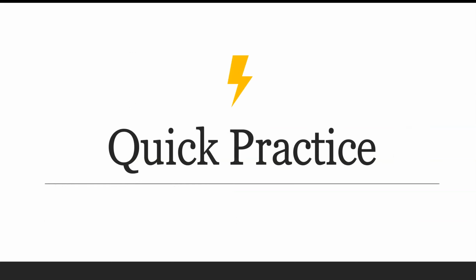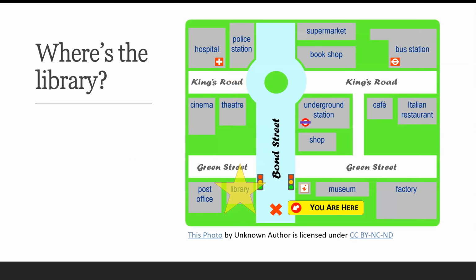Okay, so now that you maybe understand, I hope you understand, we're going to do some practice here. So here we see, where's the library? Okay, so we see it there with the yellow star. So how can we explain that position?